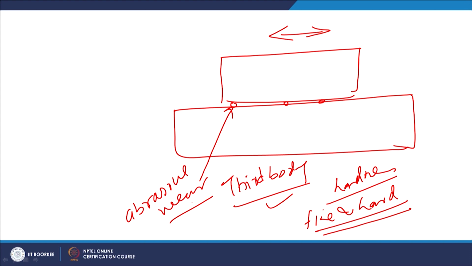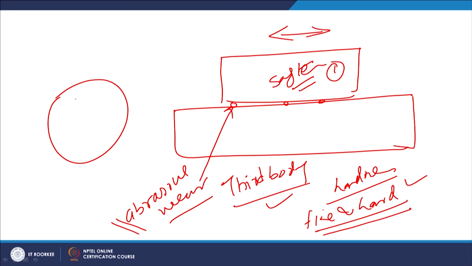Under reciprocating movement, when wear debris particles are present between the mating components at the interface, they sometimes act as a third body and cause abrasive wear of the component. Obviously the abrasion will happen more in the softer component. So if component 1 is softer, it will be subjected to more abrasion than the other component. This is one phenomenon: in the case of reciprocating movement we may find a higher wear rate as compared to unidirectional movement.